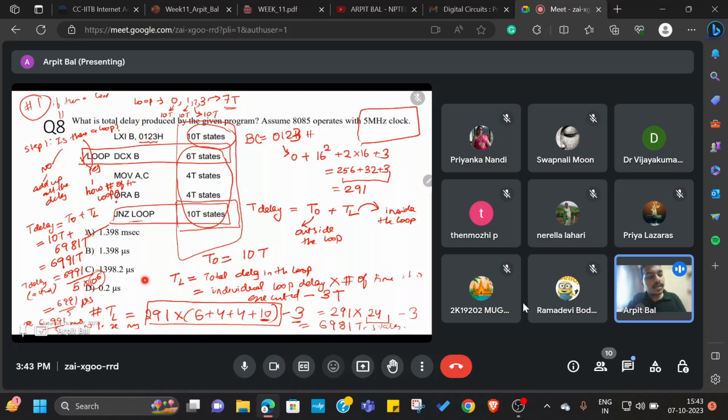The second thing is, don't forget to take into account that the terminal state of JNZ actually takes 7 T states, not 10T. So these two are the points that you should keep in mind while solving such a question. Okay, let's move on to the next question then.